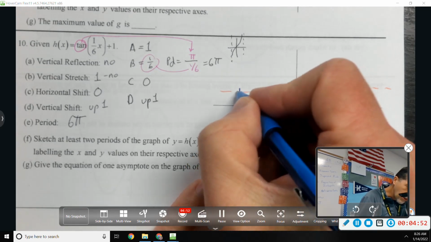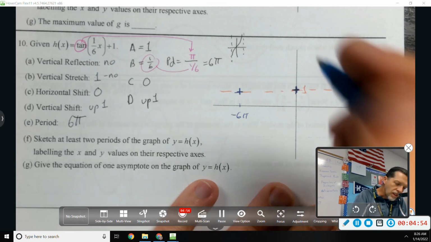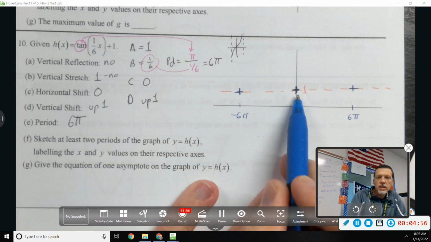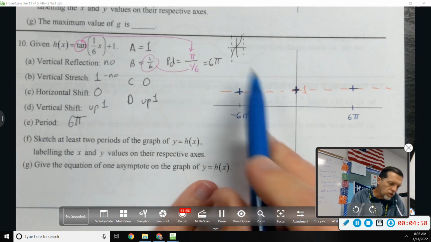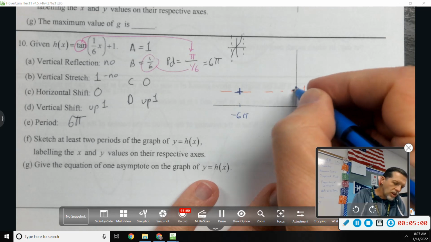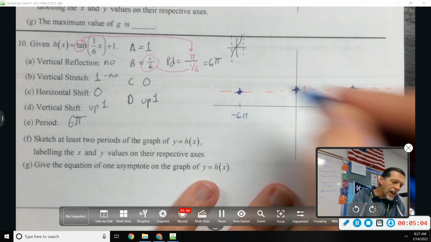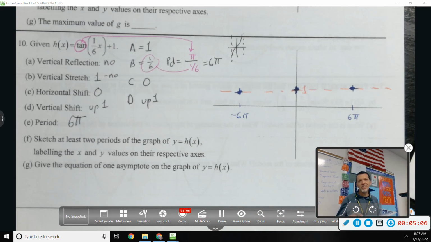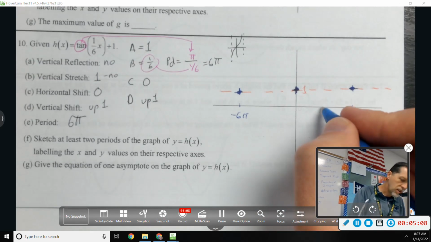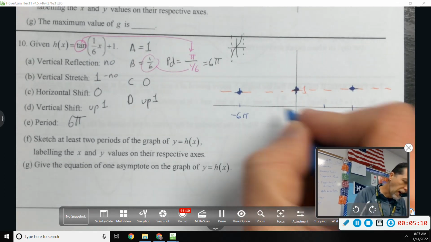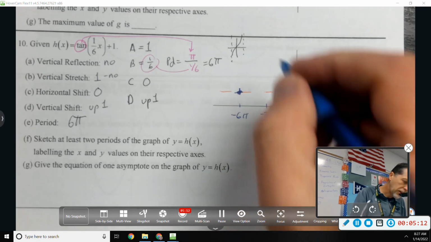Well, no wonder you were confused. Let's see. At the origin, tangent is 0. When we start over, tangent is 0. And what's going on in between the zeros? Asymptotes. So that would be at 3 pi or negative 3 pi.